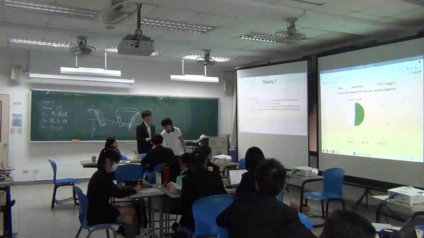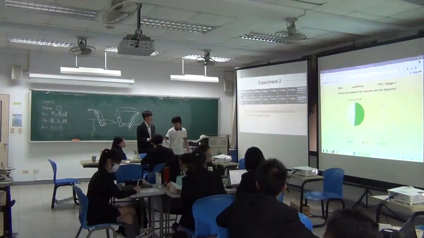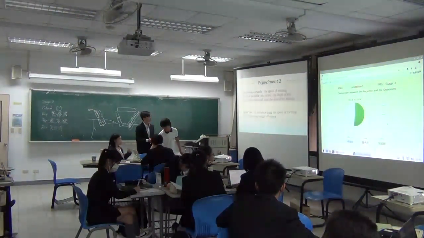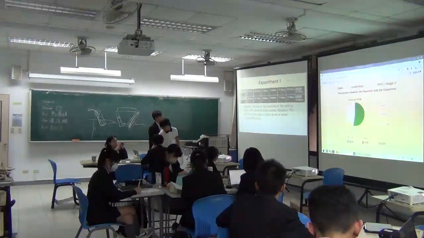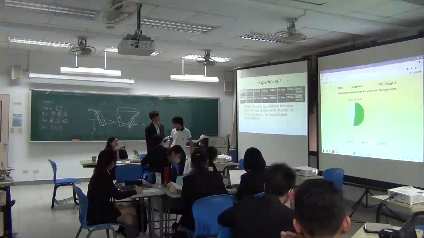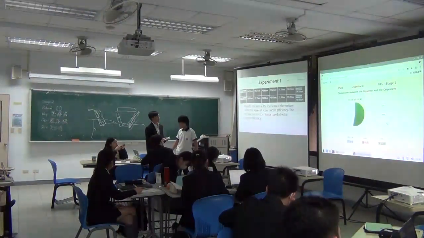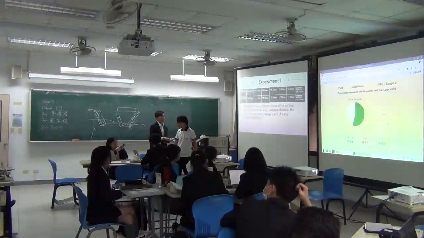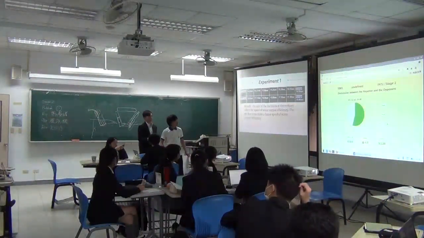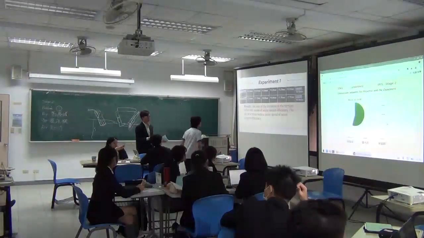So for our experiment, this is about the rotation speed, and this is about the thickness. So this is all experimental data, right? Yes. So you didn't compare it with the theoretical value.